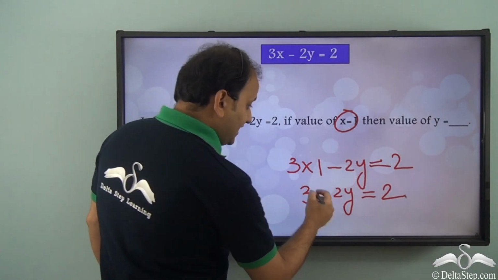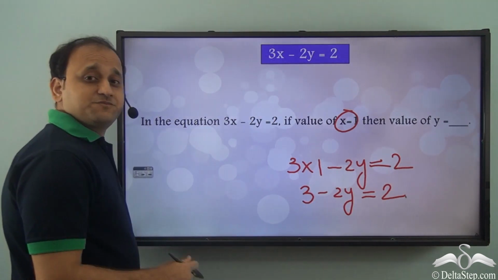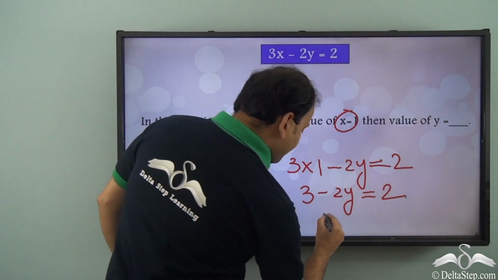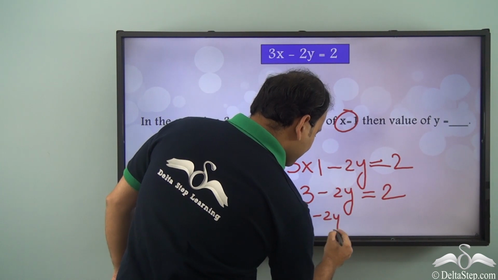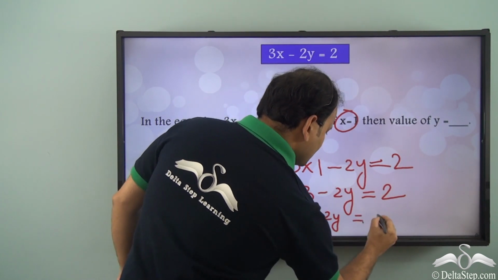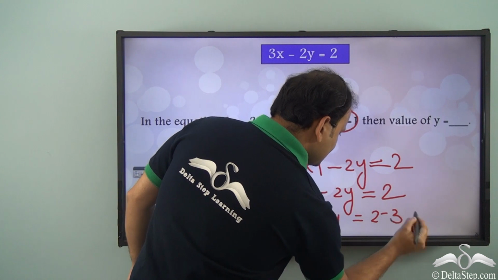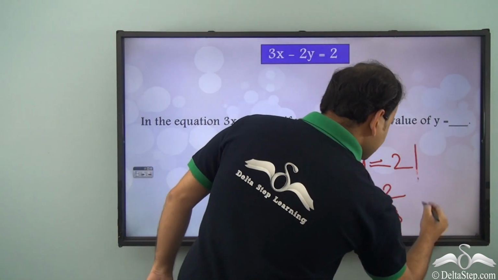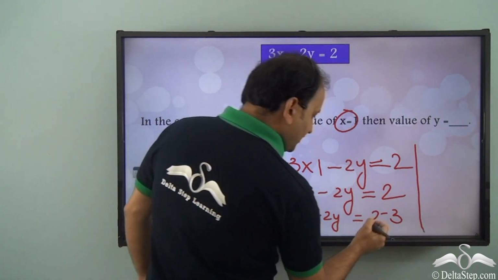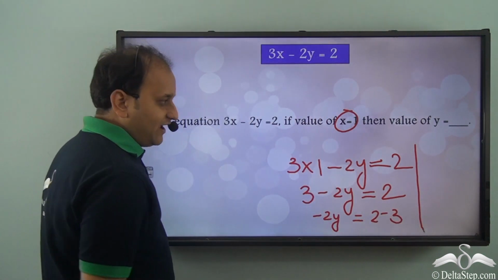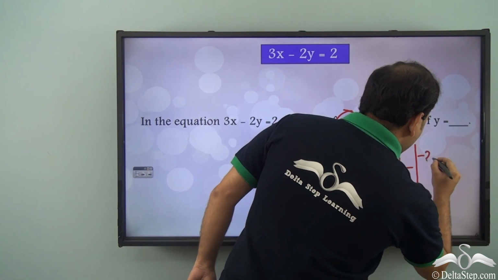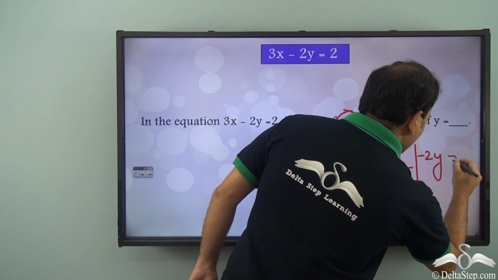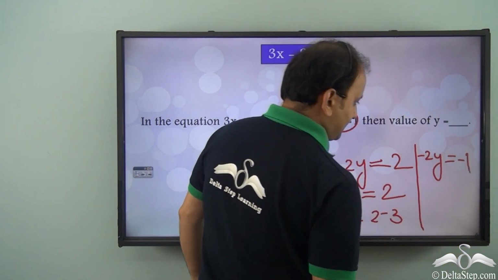Now if we take 3 on this particular side, what do we have? Minus 2y is equal to 2 minus 3. So what can we write it as? Well, here 2 minus 3 will be minus 1, right? So minus 2y is equal to minus 1.